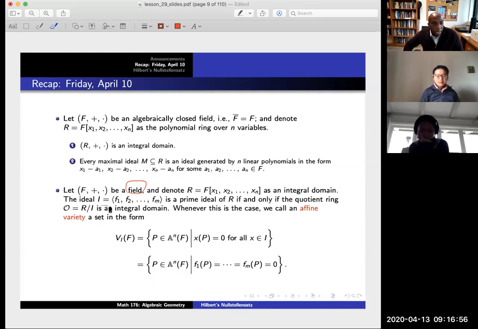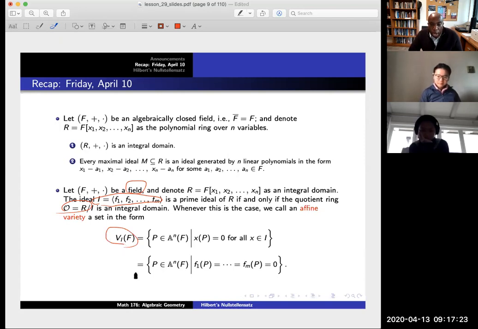Then remember that the ideal generated by a certain set of polynomials is a prime ideal if and only if the quotient ring is an integral domain. So for the moment, I'm going to assume that this ideal I is prime so that this quotient ring is an integral domain.